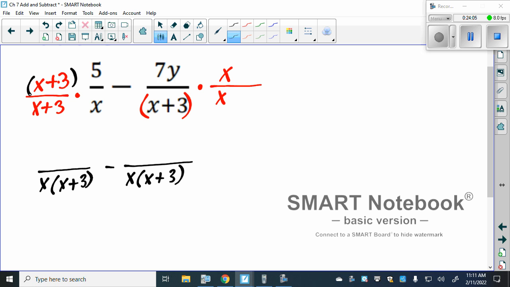Well, I do. I think y'all do, yes? Doing 5 times x is 5x. 5 times 3 is going to be plus 15. Because if I feel comfortable doing that multiplication right there, I'll go on and do it. If I don't, and I feel like there's a chance I'll mix up the signs or mix up some of the terms, I'll just write it out with them multiplied in their parentheses, and then do that the next step.